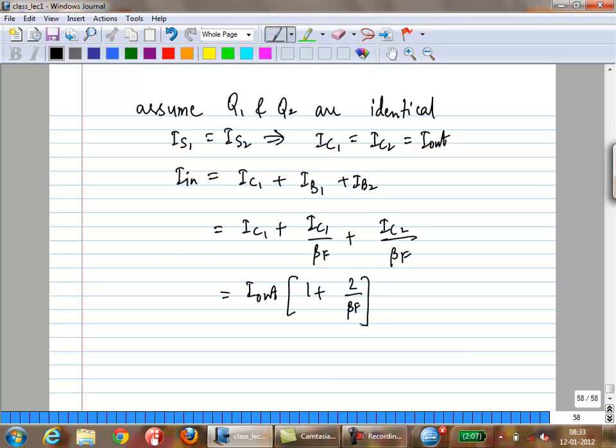In this case, the two collector currents are equal and also equal to the output current. So it's just I out times 1 plus 2 over beta F. And this gives you the gain error of a simple current mirror due to finite beta F.